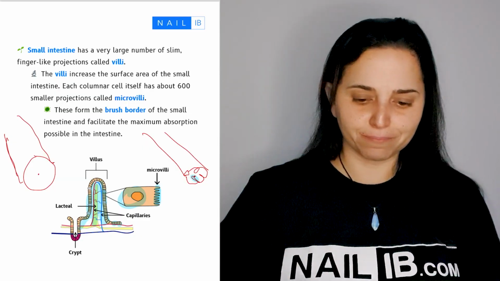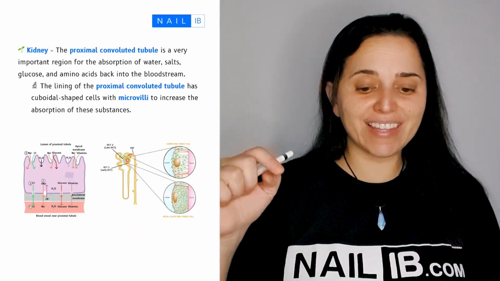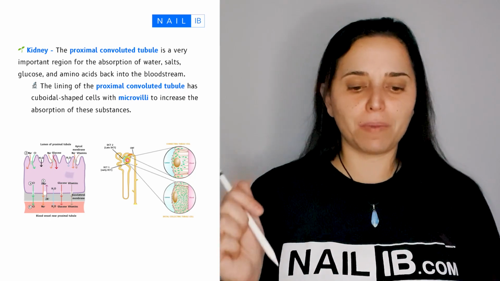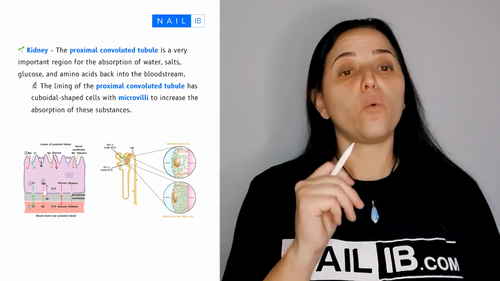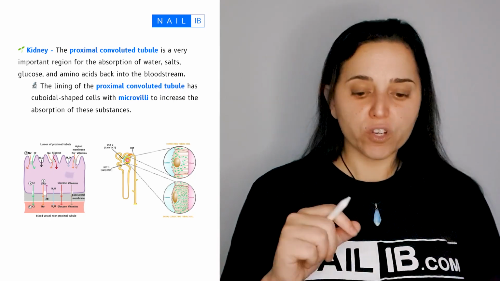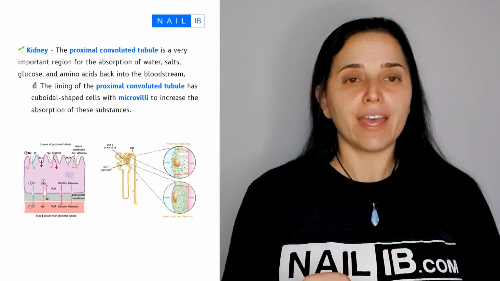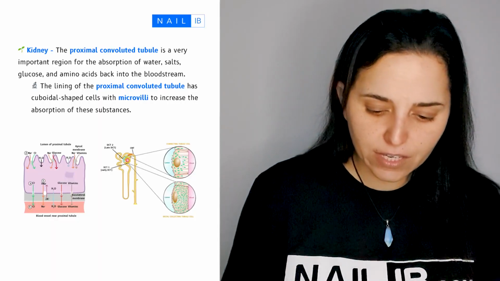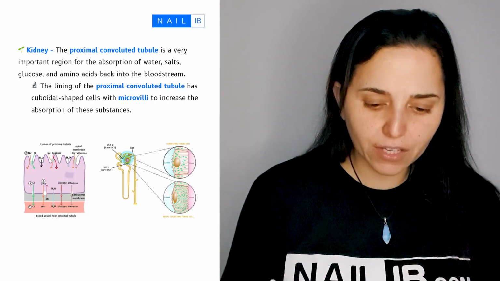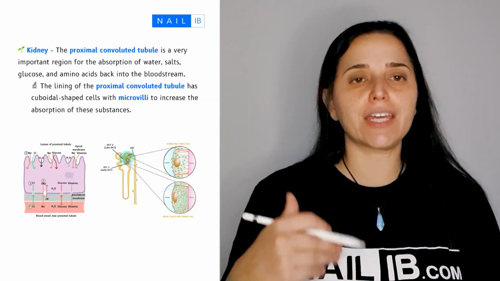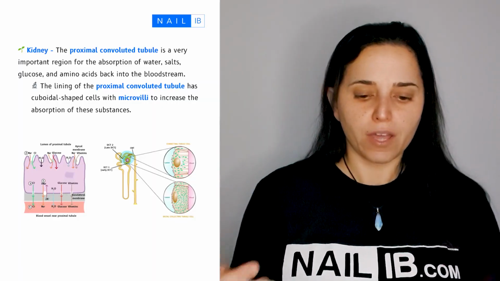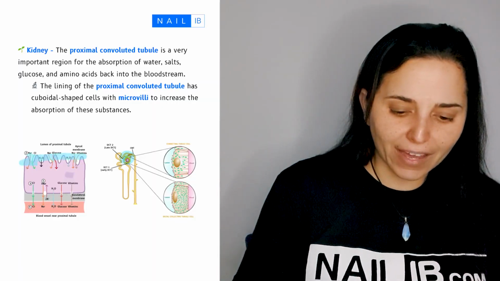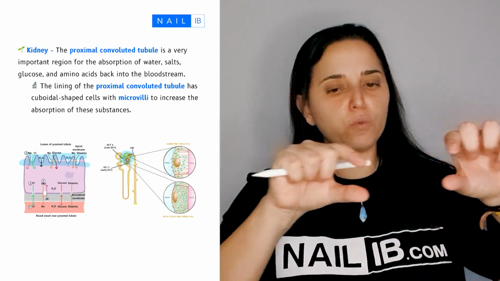And then we have it even in the kidney. The kidney has basically the proximal convoluted tubule, which you're going to learn about in the kidney section, which is also doing a lot of folding. And through that folding, as you can see here, these foldings are also increasing the surface area to volume ratio. So we have microvilli found inside these tubules.